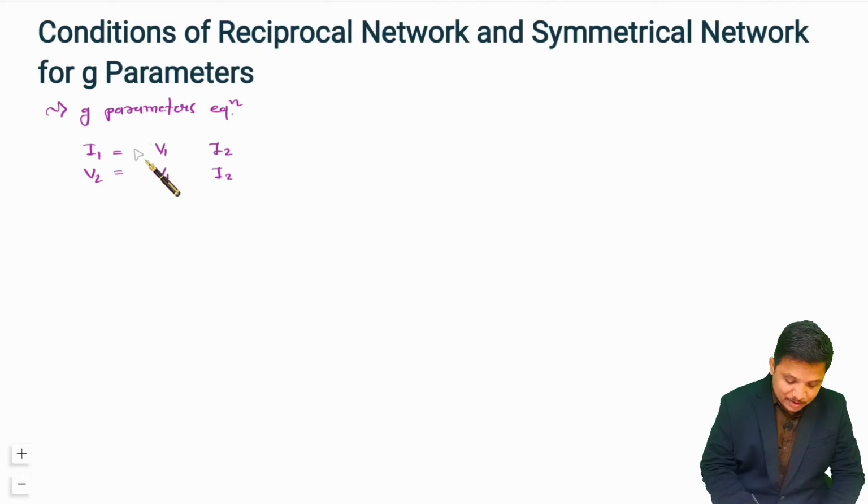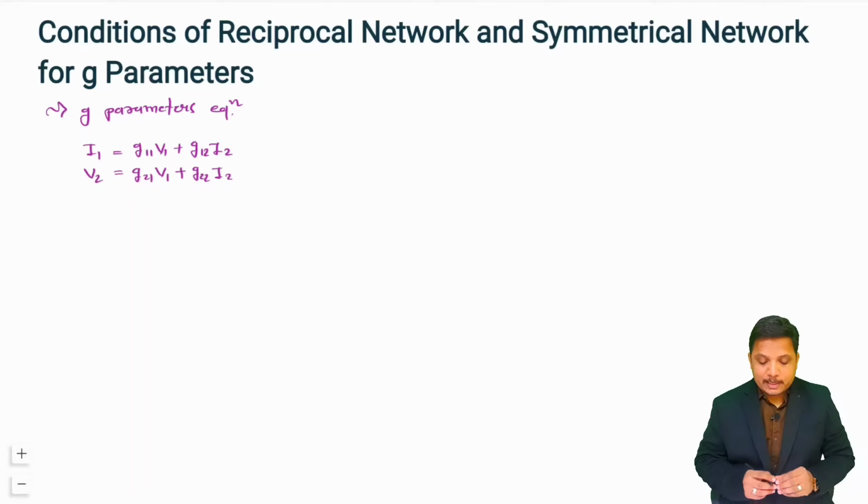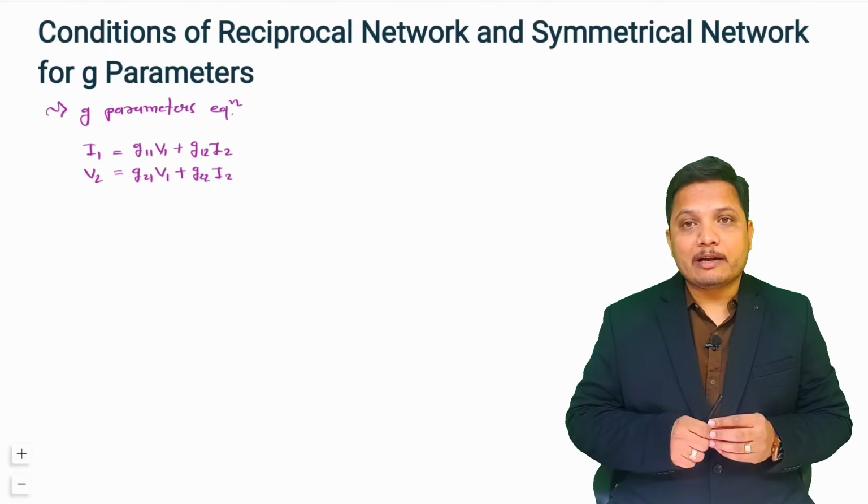Now see how to write the equations of G parameter. I1 equals G11 V1 plus G12 I2, and V2 equals G21 V1 plus G22 I2. These are the basic equations that we will be using for the derivation of reciprocal and symmetrical network. So let me first explain what a reciprocal network is.